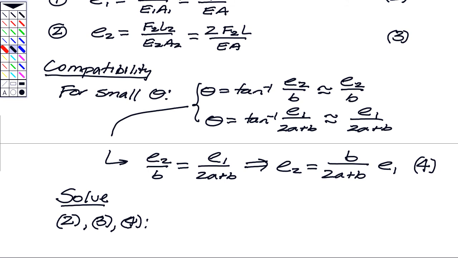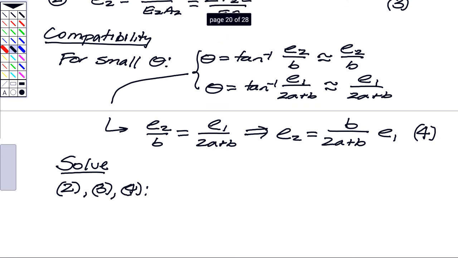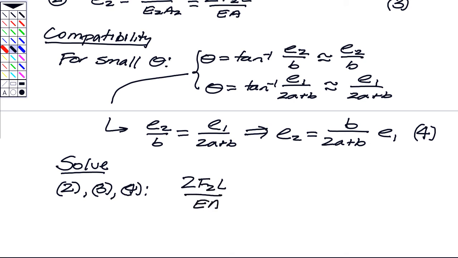2, 3, and 4 say that 2F2L divided by EA is equal to b divided by 2a plus b times E1, well, that was F1L divided by EA.